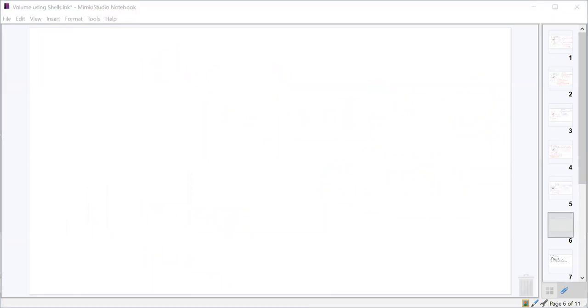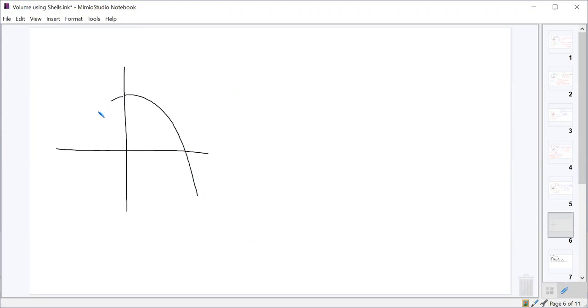So we're going to take a look at the function 2 minus x squared.